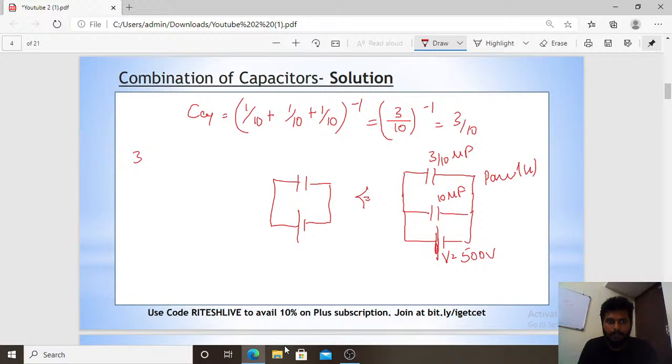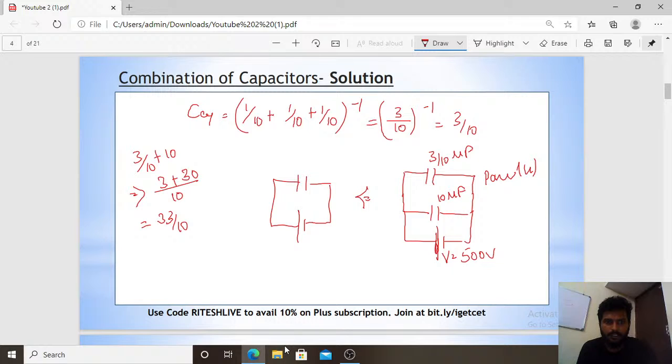So 3 by 10 plus 10, right? 10, 3 plus 30, 10 into 3, right? So we will get 33 divided by 10. Is it right or wrong? 10, okay. So 3, and we have 10 here.